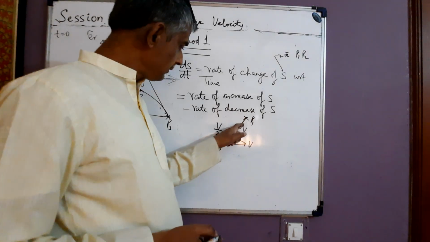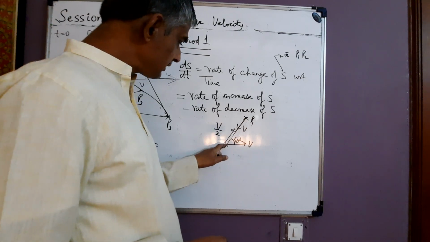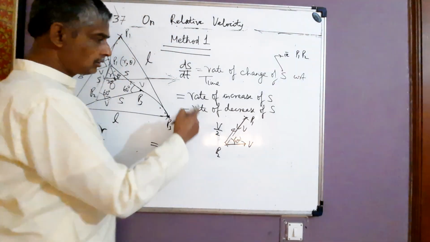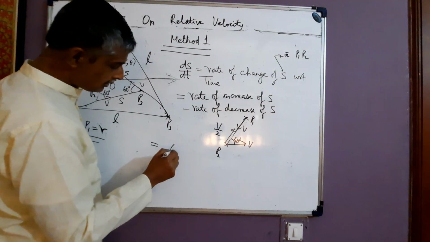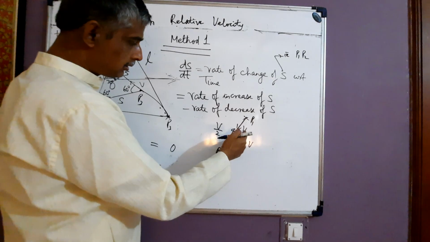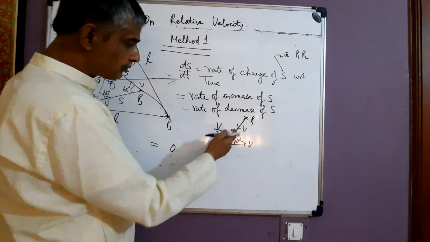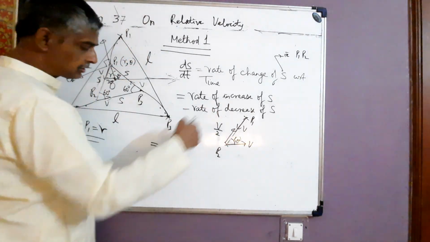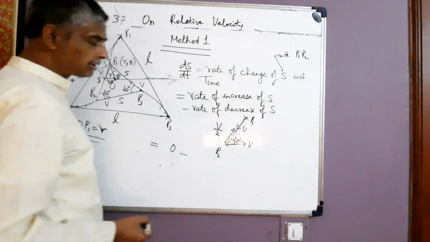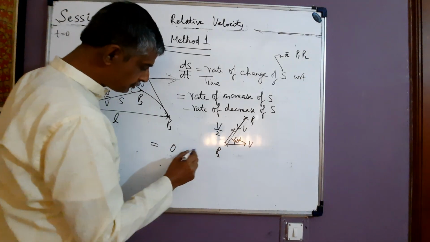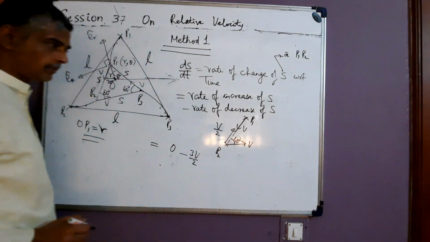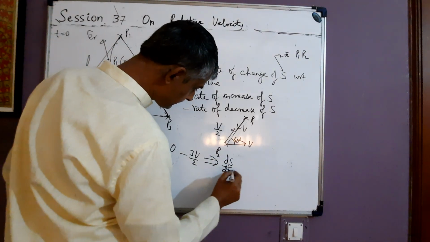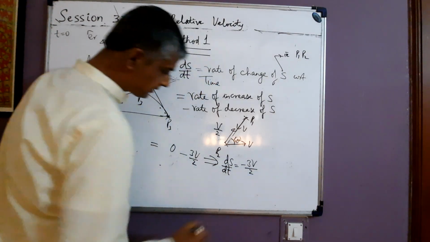This v will cause the side length to decrease, and this v by 2 will also cause the side length to decrease. Neither of these two components will cause the length of side P1 P2 to increase. So rate of increase of s will be 0. And the rate of decrease of s is v plus v by 2, that is 3v by 2. So this means ds by dt is equal to minus 3v by 2.